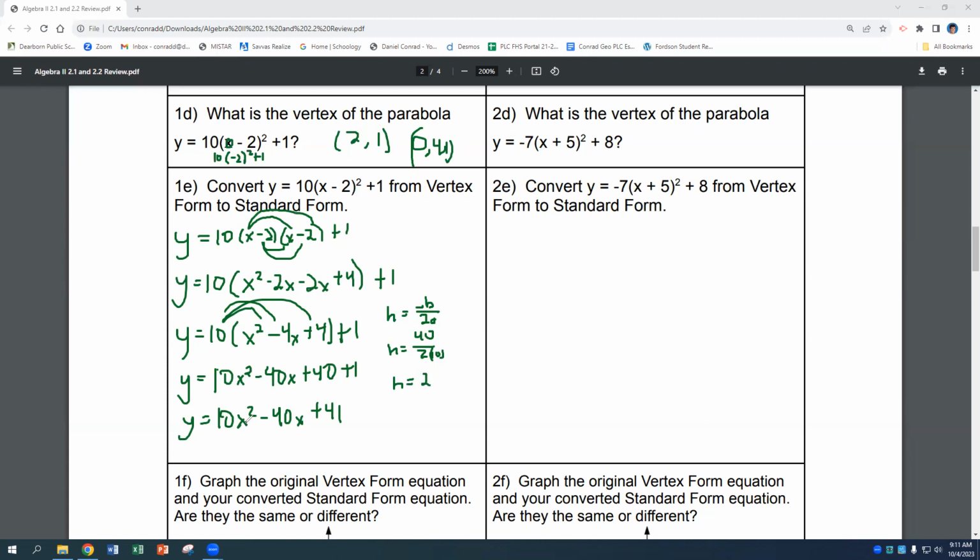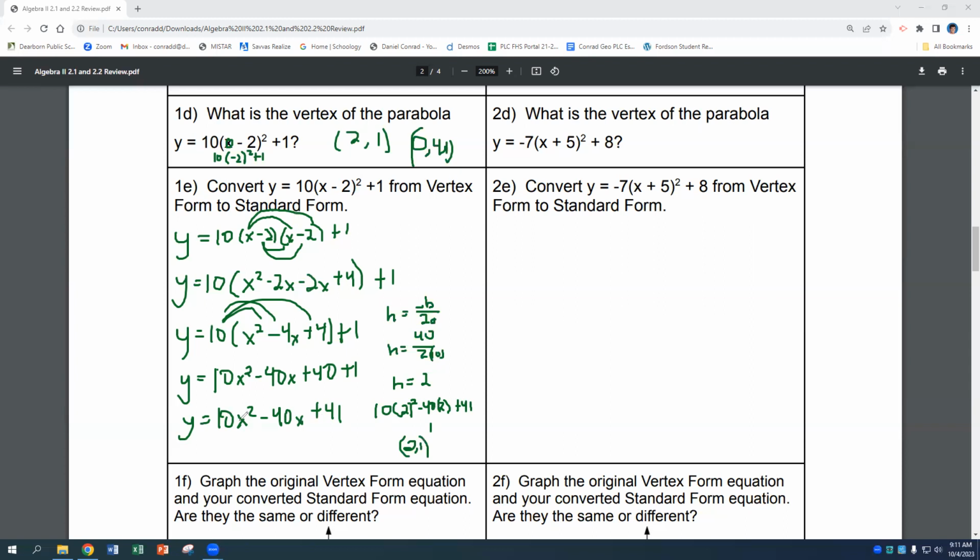If I substitute that back in, if I put that in my calculator, 10 times 2 squared minus 40 times 2 plus 41. That's going to be 40 minus 80 is -40, plus 41 is going to be 1. So again, I get a vertex of (2, 1).